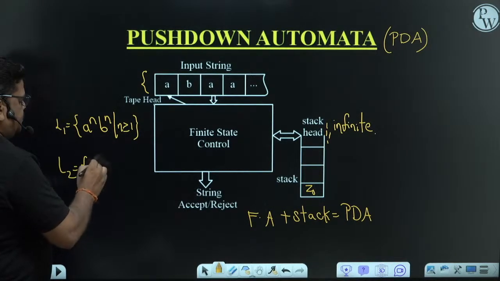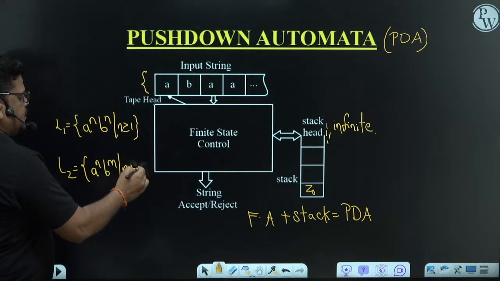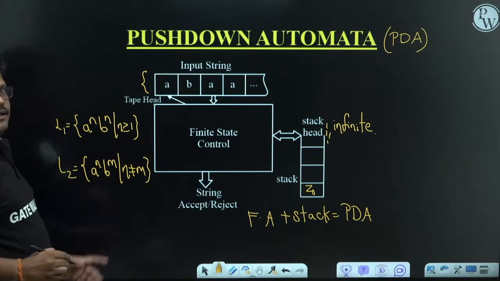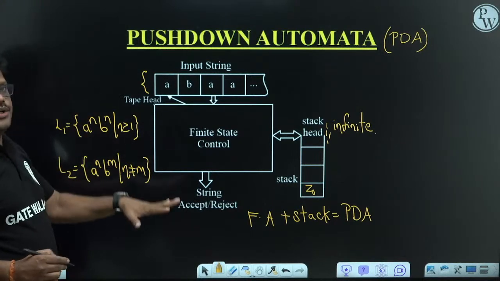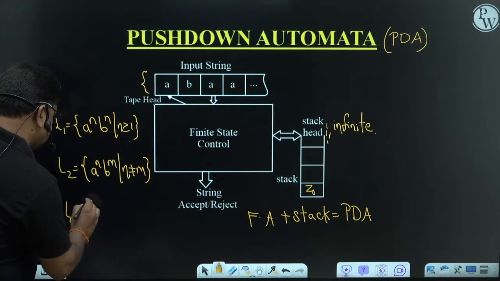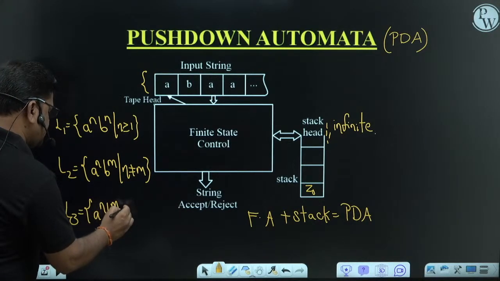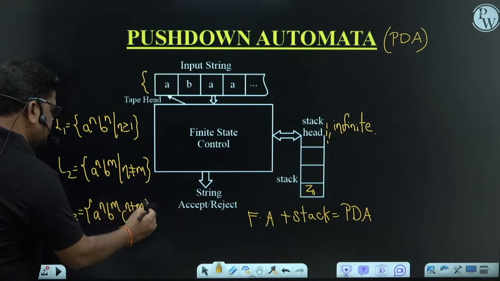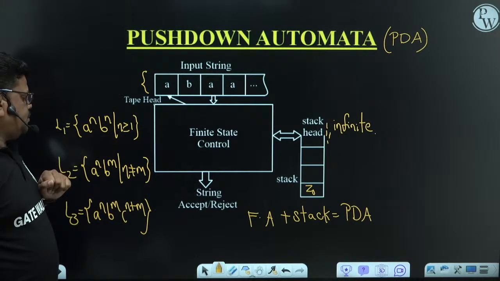A power n, b power m, where n is not equal to m. All these languages are rejected by finite automata, but accepted by pushdown automata. Language L1 is rejected by finite automata, accepted by pushdown automata.